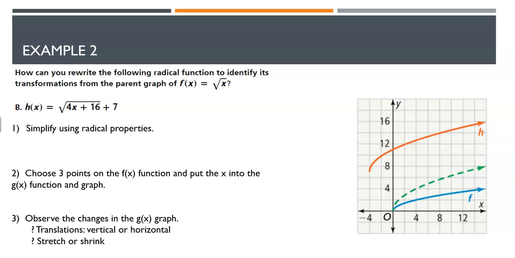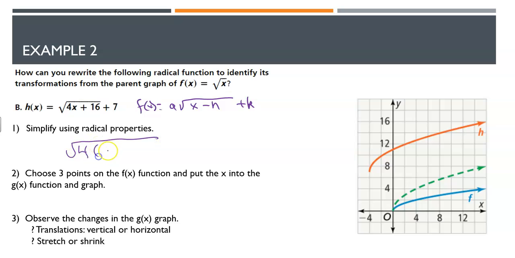Here's another example, and we want to rewrite these a little bit. Notice this is not in the form a square root of x minus h plus k. Notice x has something multiplied by it. So we need to get that thing in front of the x out of there. Well, if we distribute, or if we factor out, then maybe we can do something with that.